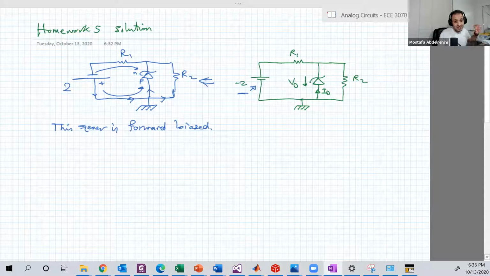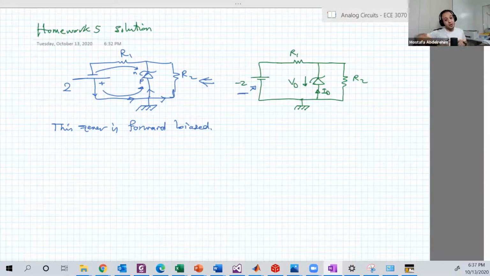So the V input minimum that we found in that lecture was the V input minimum that will turn the Zener on in its reverse or breakdown, not the V input minimum that will turn it on when it's forward. So you should differentiate between these two situations. You shouldn't mix them. You have two V input minimum here.